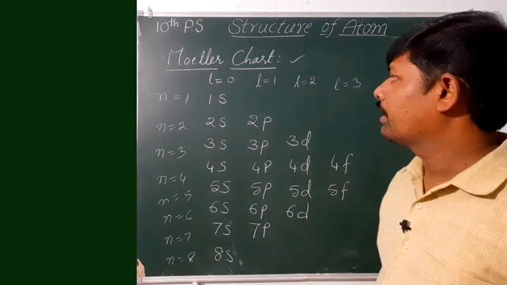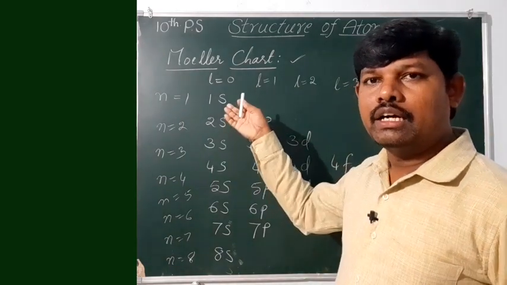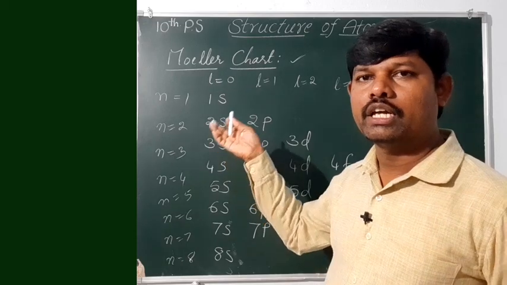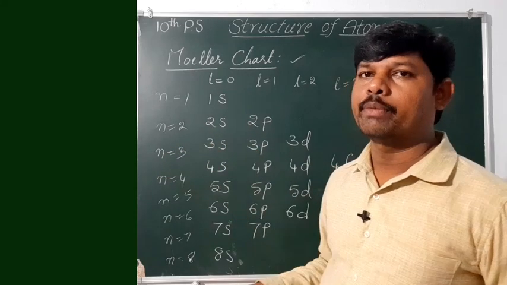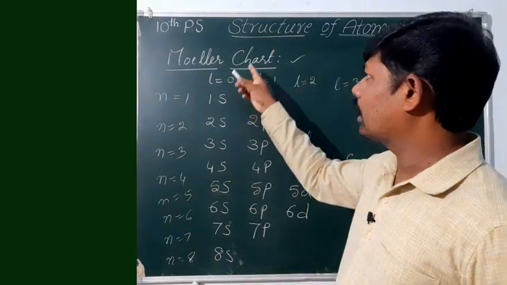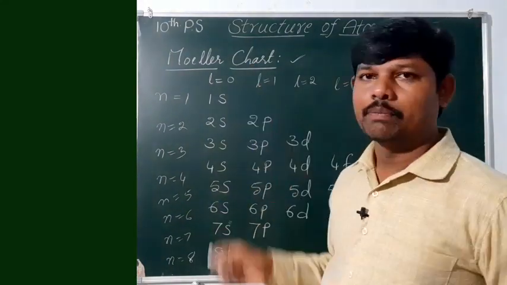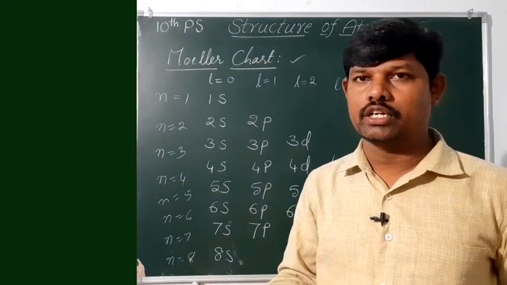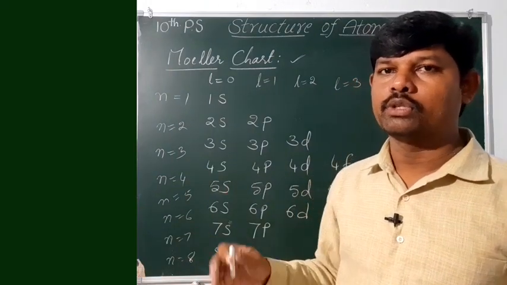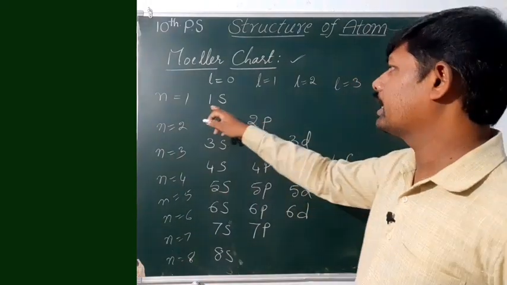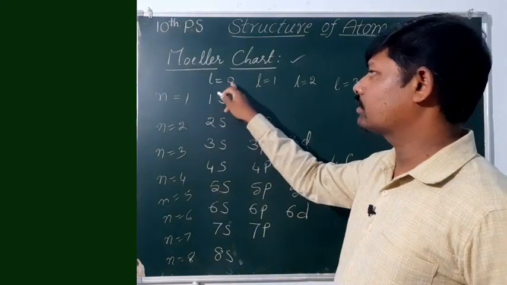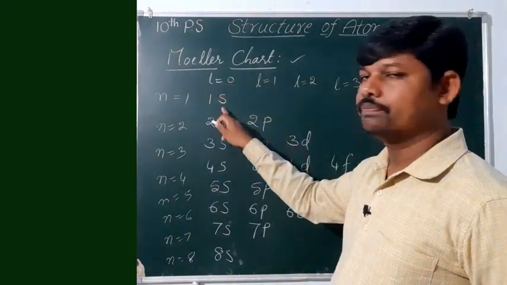So now while filling the orbitals, that means while electrons are occupying the orbitals, they will follow the above rule. According to the above rule, electrons should occupy the lowest n plus l value first, then they will come to the next energy level. So here n plus l value is 1 plus 0, that means 1.